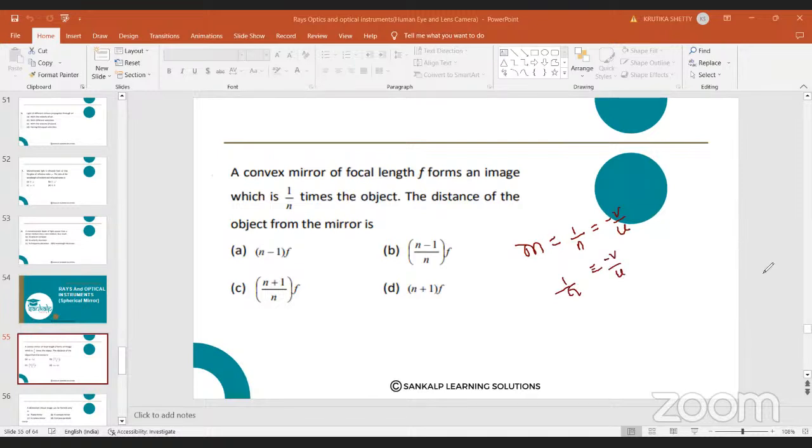If I interchange this equation, I can write v is equal to minus u by n. Okay, all are saying that it is option C. So let us see. Option A. Let us prove it.